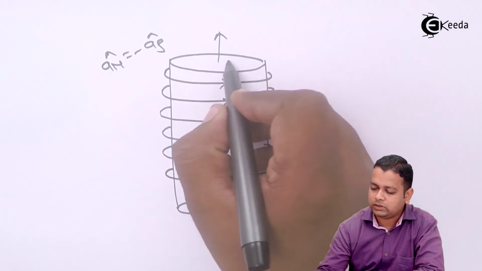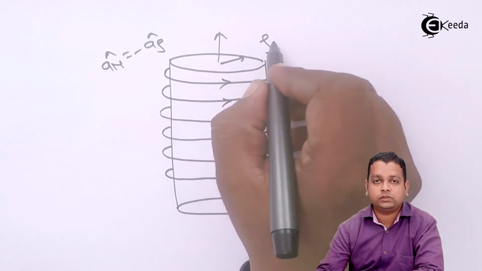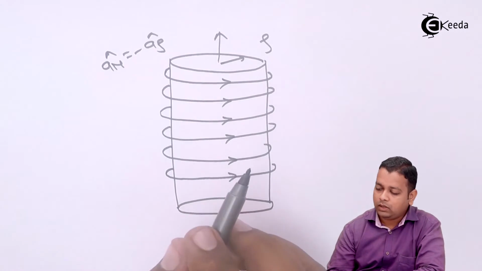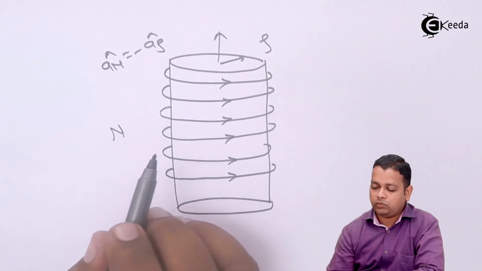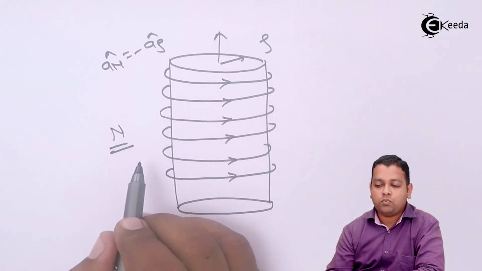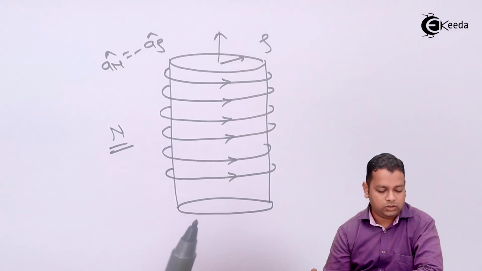The central axis, the representation of radius rho will be the same here, but the parameter to be taken into consideration will be capital N, that is the number of turns onto the practical solenoid.